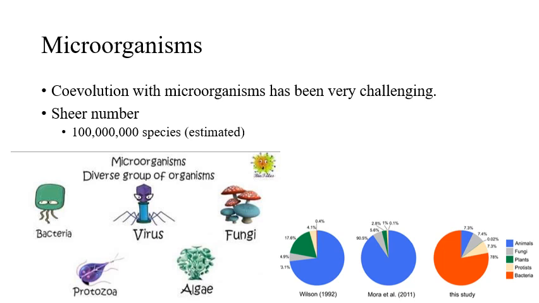And the diversity of organisms can also be challenging because you have bacteria and viruses, fungi, protozoa, which is actually not really a group, but basically eukaryotic single-celled organisms, and then algae, all different microscopic organisms.